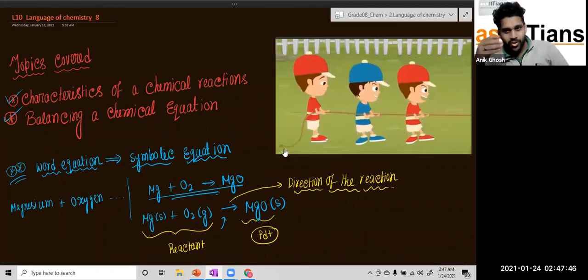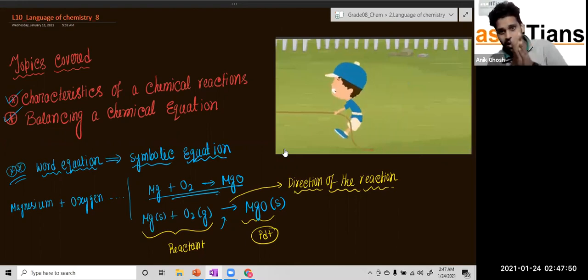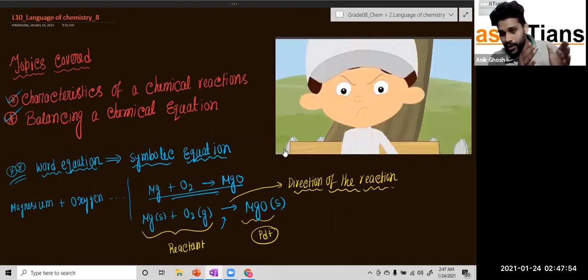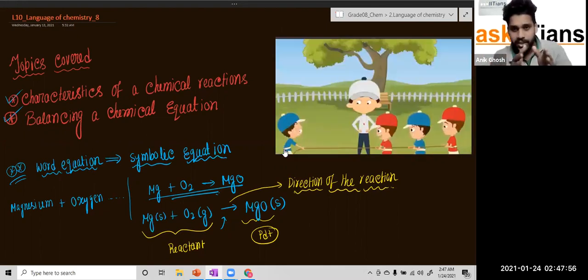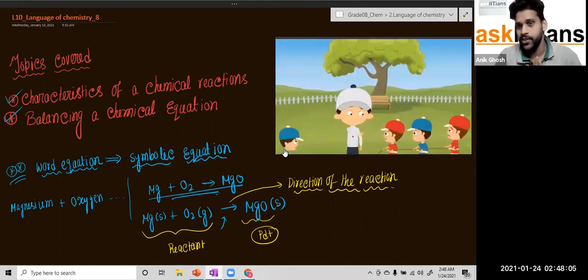So you can see it's trying to show you a tug of war where on one side there are 3 people, and on the other side there is only one person. So this is not an even thing, right? To make it symmetrical, one needs to go to that side, right?